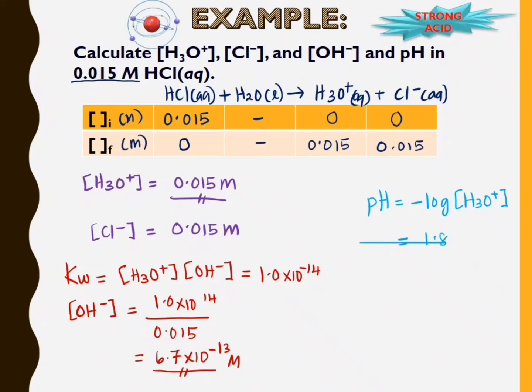So, the answer is 1.82. Saya dapat 1.82. Nak tekan calculator dulu. Okay, 1.82. Okay. So, kalau boleh, pH ni ambil dua decimal places. Ataupun 3 significant figure. So, this is the answer.